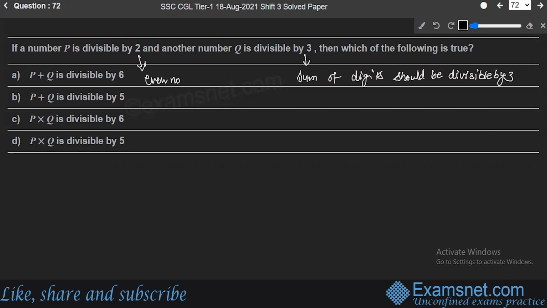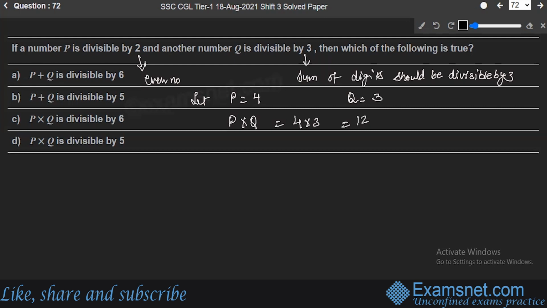So let's just put something. Let p be a number which is an even number, any number. I am putting p is equal to 4. And similarly, you can put q as any number which is divisible by 3. It can be any number, so I'm taking this as 3 itself. Okay. Now, p multiplied by q is equal to 4 multiplied by 3, which is equal to 12.